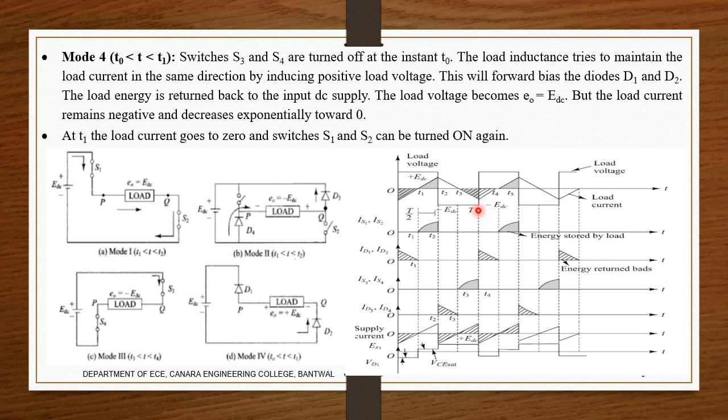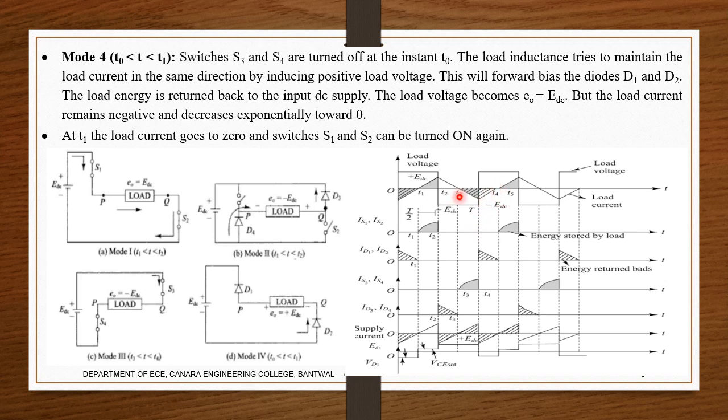You can see here, this voltage is induced by the load. This will forward bias D1 and D2. The load energy is returned back to the input DC supply. The load voltage becomes E0 equals EDC, but the load current remains negative and decreases exponentially towards zero.